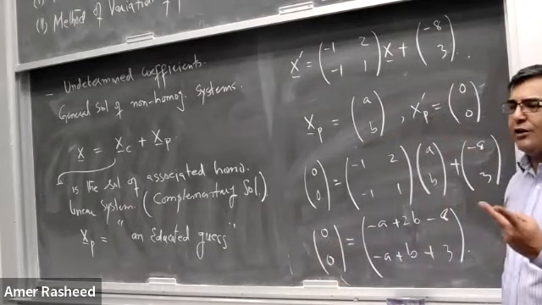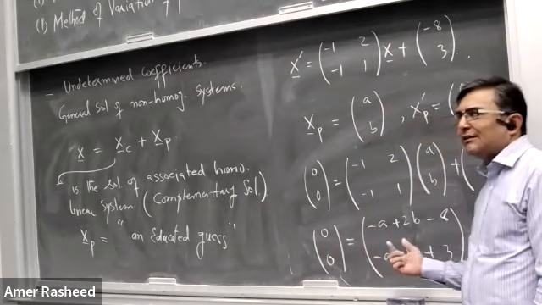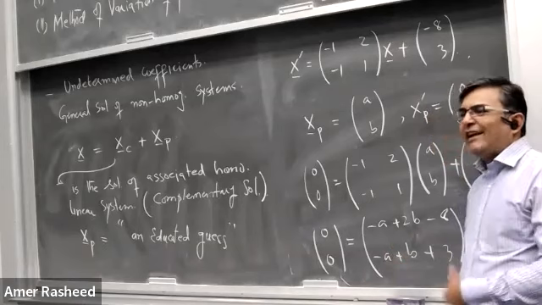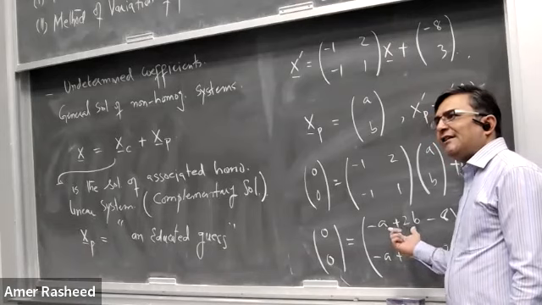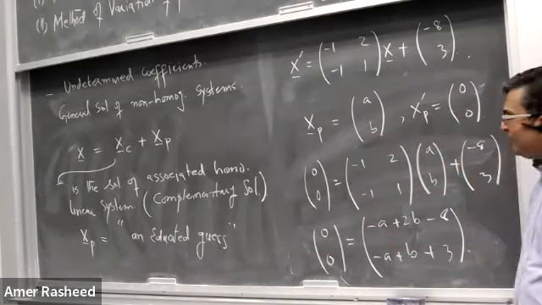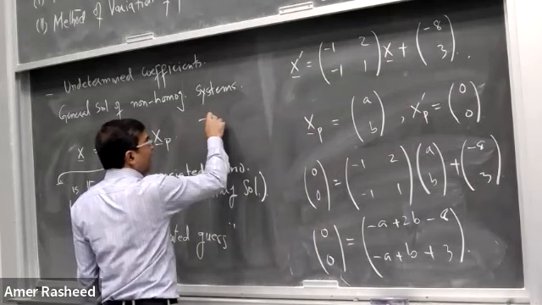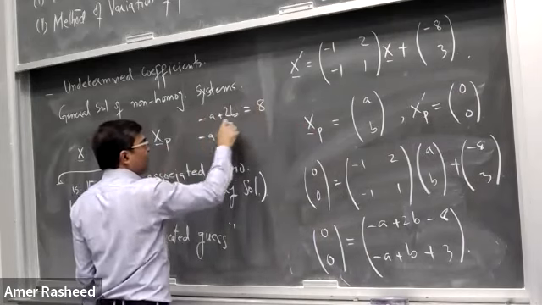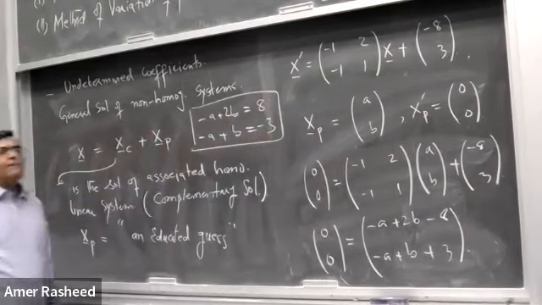You get a system of non-homogeneous linear equations. We are going back to linear algebra. In linear algebra you have -a plus 2b is equal to 8 and -a plus b is equal to -3.